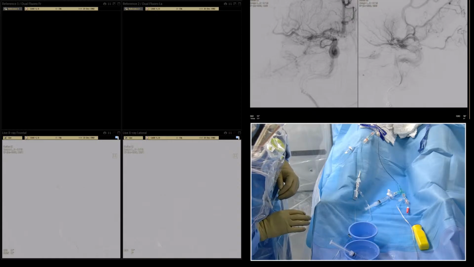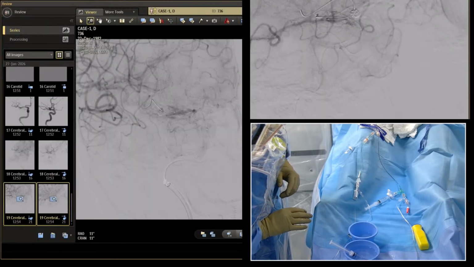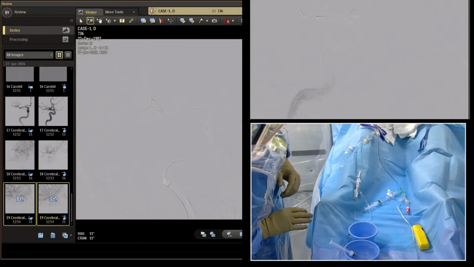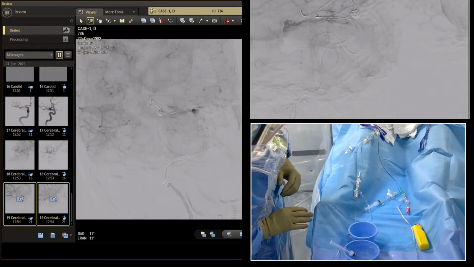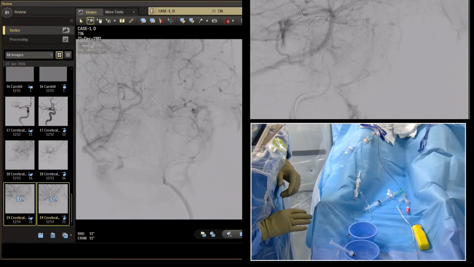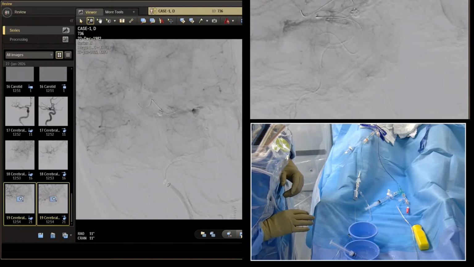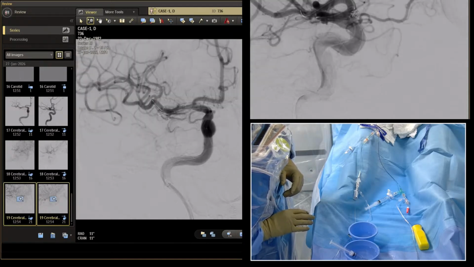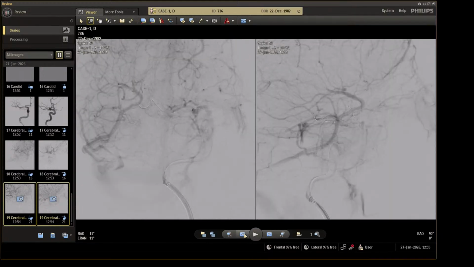Is it bleeding? I'm not sure. It looks like vein, huh?